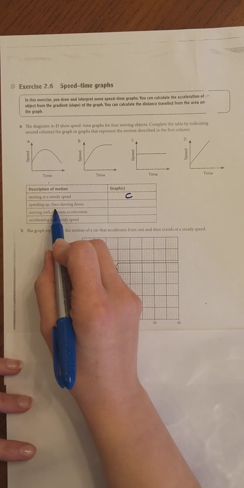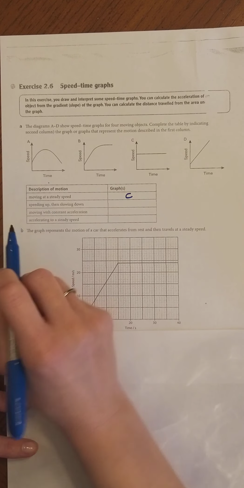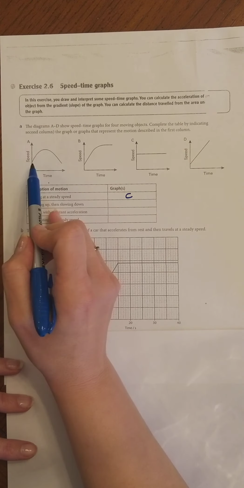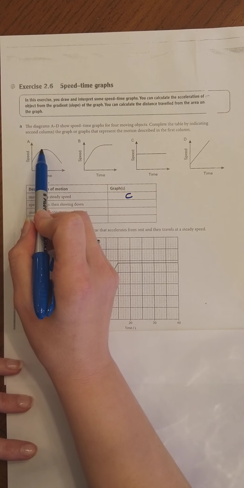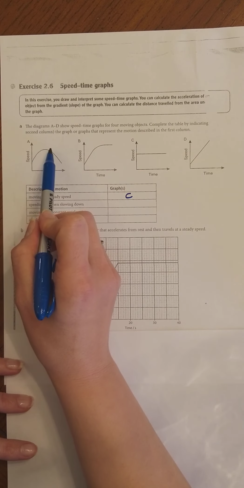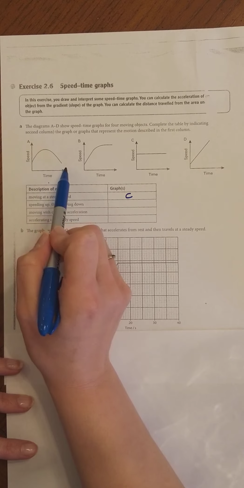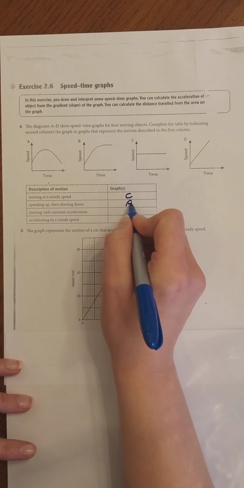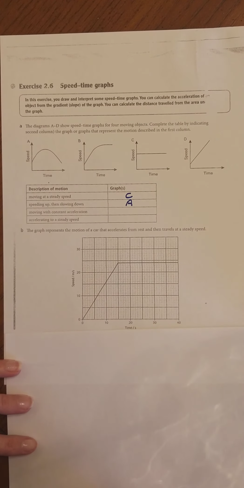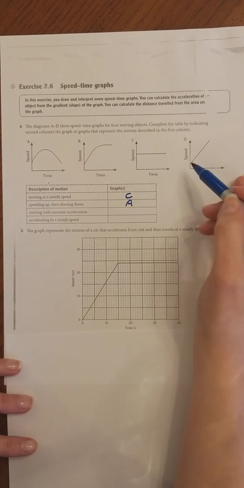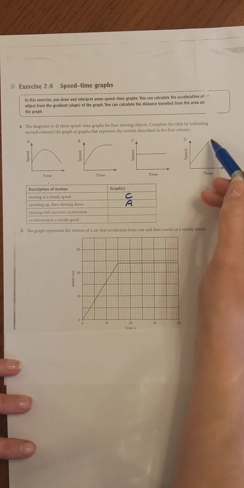Speeding up, then slowing down. Graph A is showing an object that's accelerating, graph line sloping upwards, then decelerating, graph line sloping downwards, so A. Moving with constant acceleration means that the acceleration is steady.